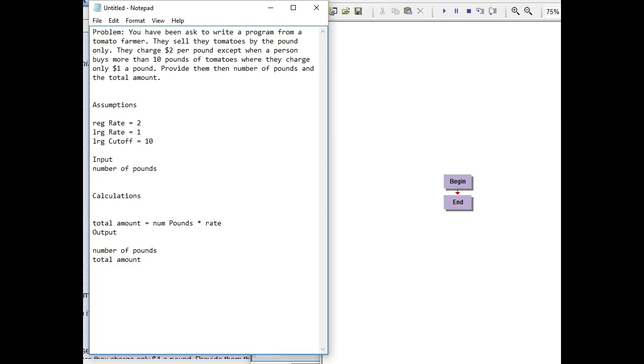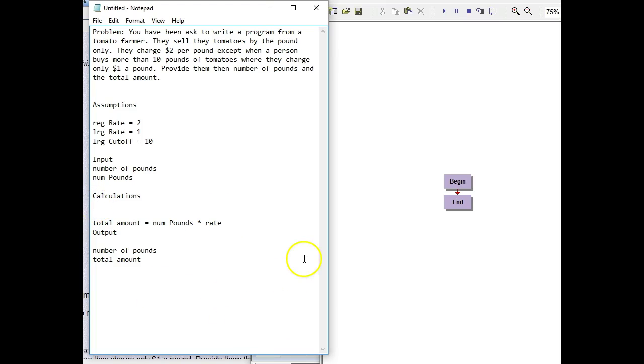I don't have anything that matches up to rate because it's one of two. That means we're going to have to make a decision in order to figure out what the rate is. And num pounds is not going to be a calculation. I'm going to have to ask them, well, how many pounds? So I'm going to copy this and paste it up here. So that's done. Now I just have to figure out the rate, and this thing is all done.